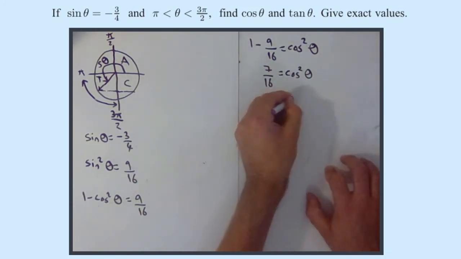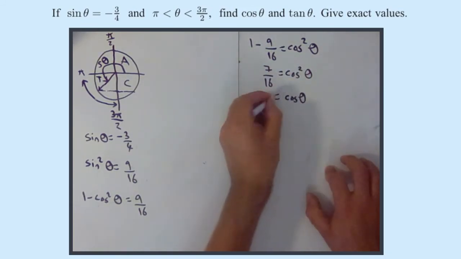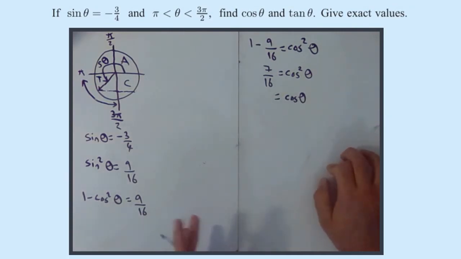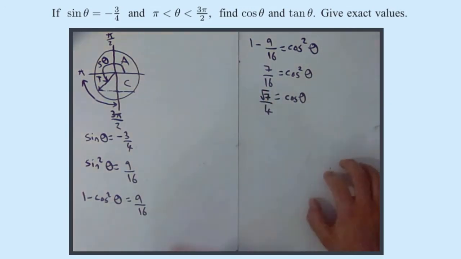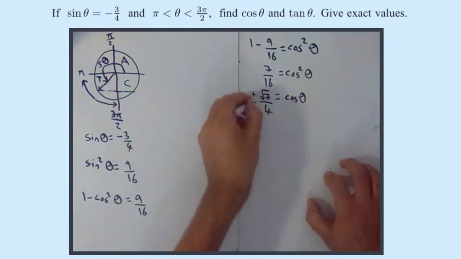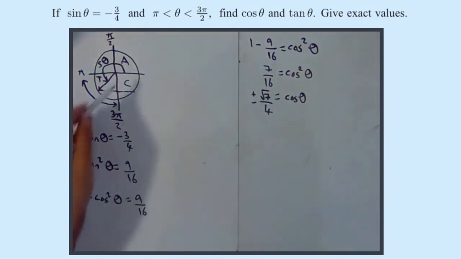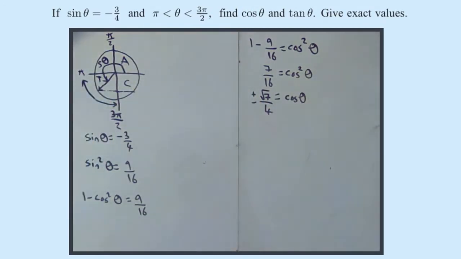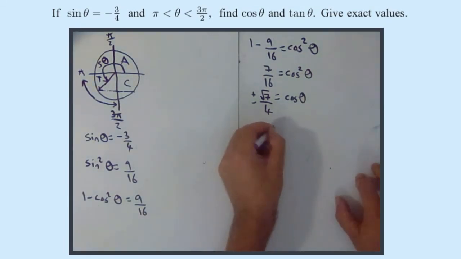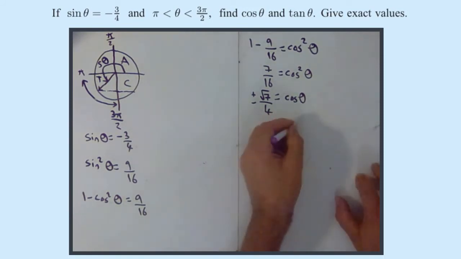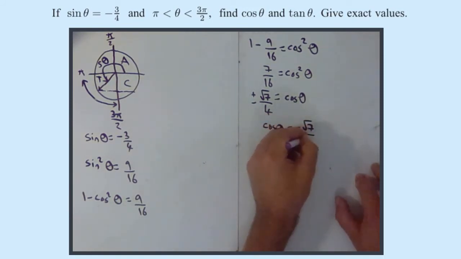So that must mean cos theta equals the square root of 7/16, which is root 7 over root 16, which is root 7/4. And then technically that would be plus or minus, but we've already decided that cos theta needs to be negative. So cos theta equals minus root 7/4. So that's one of our answers.